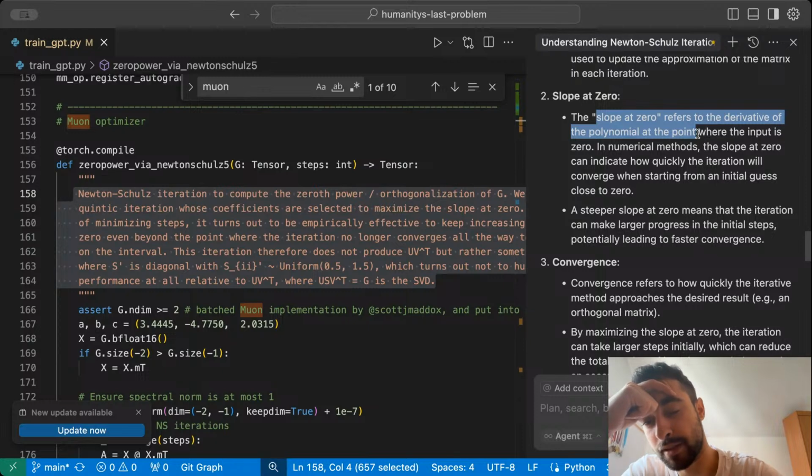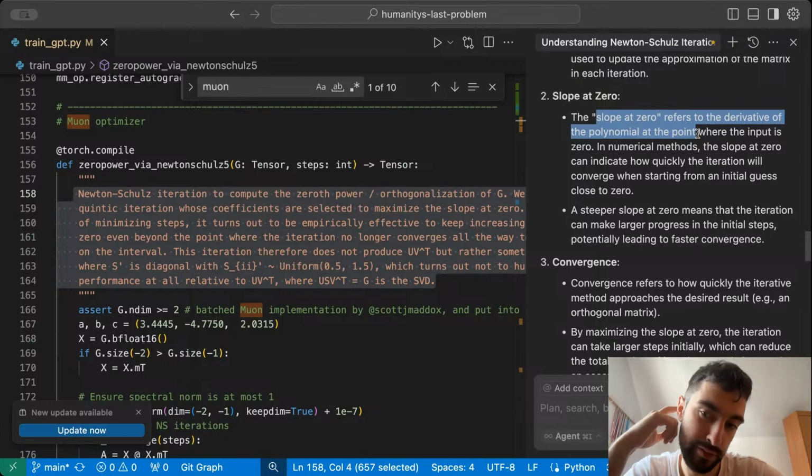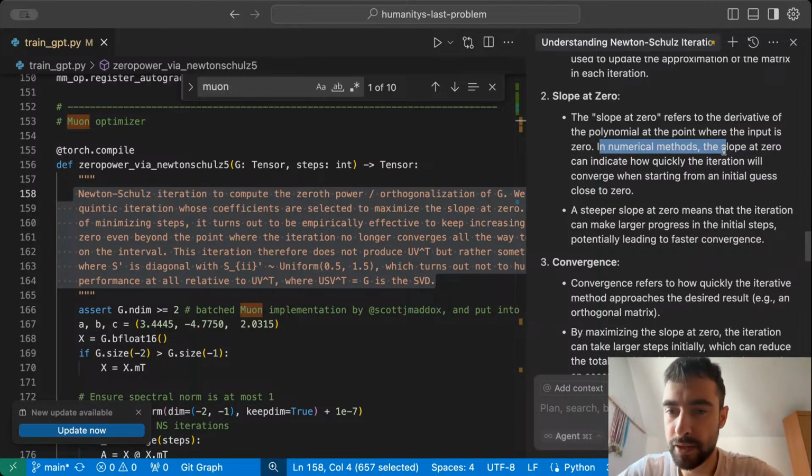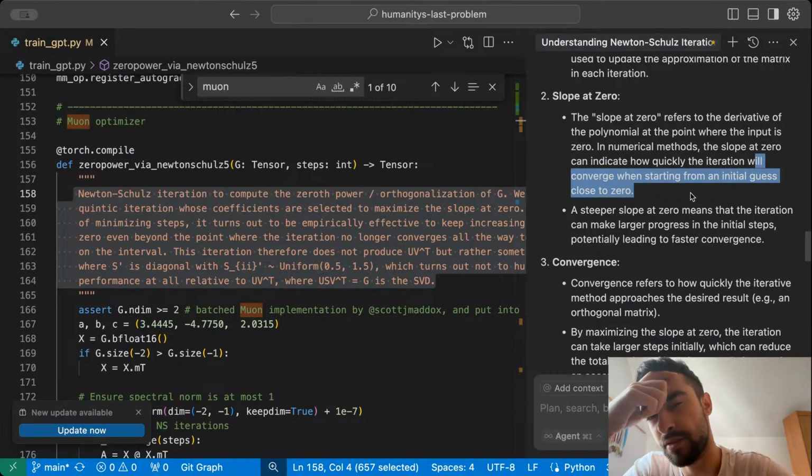Why does it need to be? What does that have to do with anything? In numerical methods, the slope at 0 can indicate how quickly the iteration will converge when starting from an initial guess close to 0.